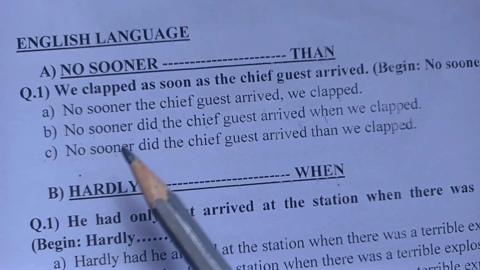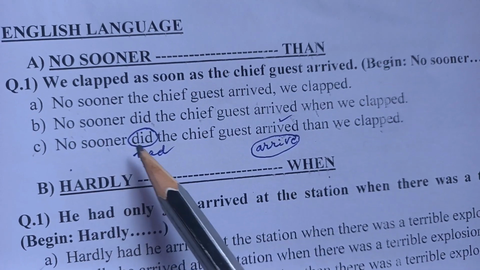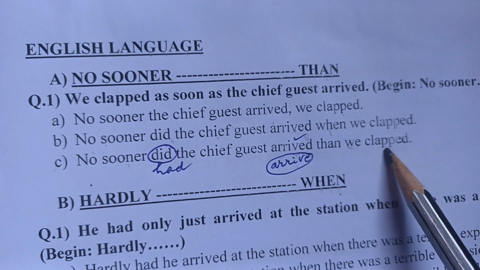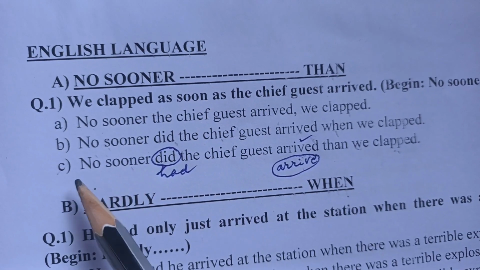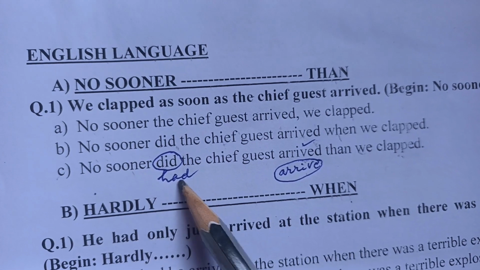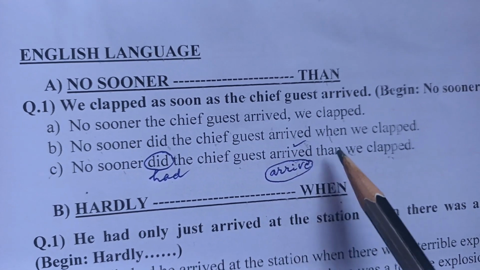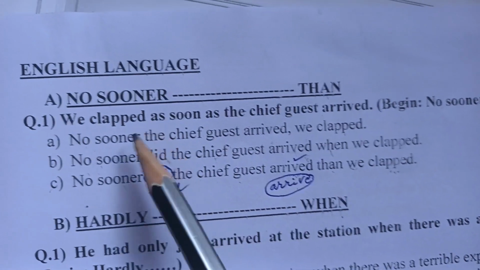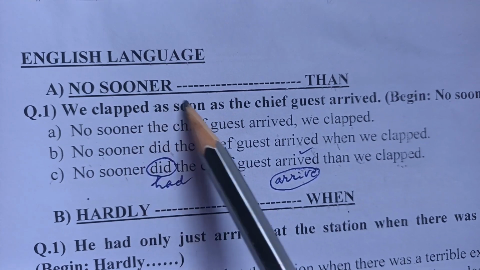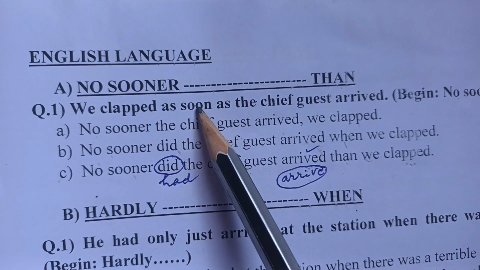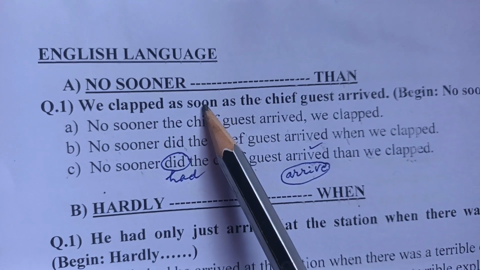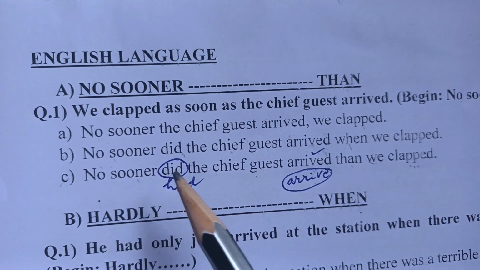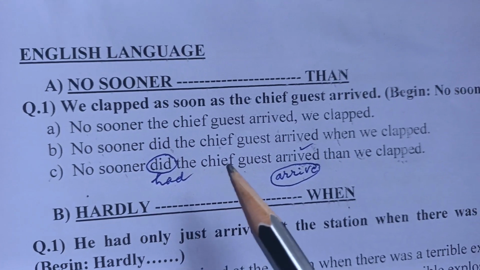Let's see the option C. Here option C, no sooner did the chief guest arrive than we clapped. Or it could be no sooner had the chief guest arrived than we clapped. So first of all you have to see in which tense this particular sentence is. If it is in present tense, then the correct option should also follow the same tense.